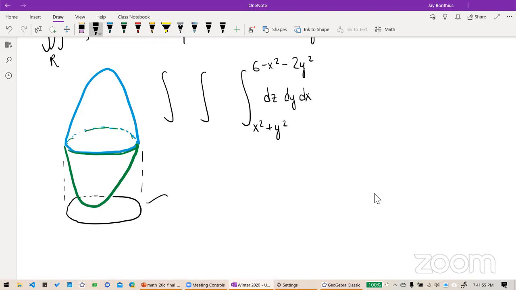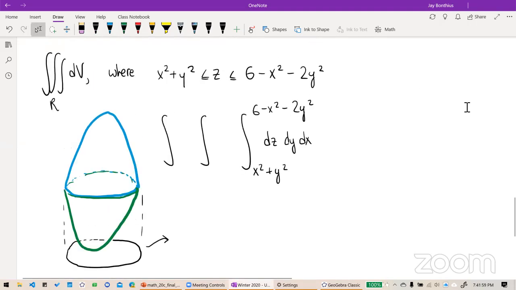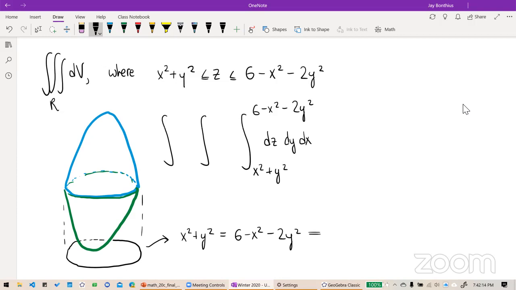The equation of this ellipse is going to be given by whenever these two surfaces are equal. And that's x squared plus y squared is equal to 6 minus x squared minus 2y squared. And that gives us 2x squared plus 3y squared is equal to 6.